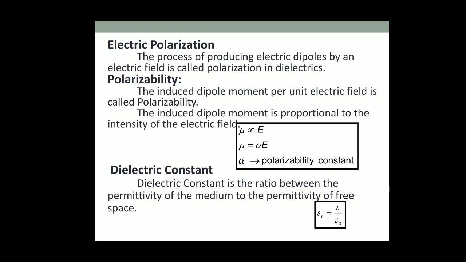So that is a dipole. When a dielectric material is placed inside an electrical field, such dipoles are created in all the atoms inside the dielectric. This process of producing electrical dipoles by an electrical field is known as polarization.